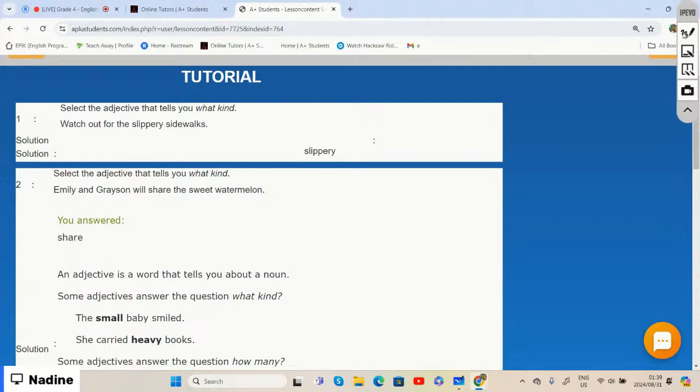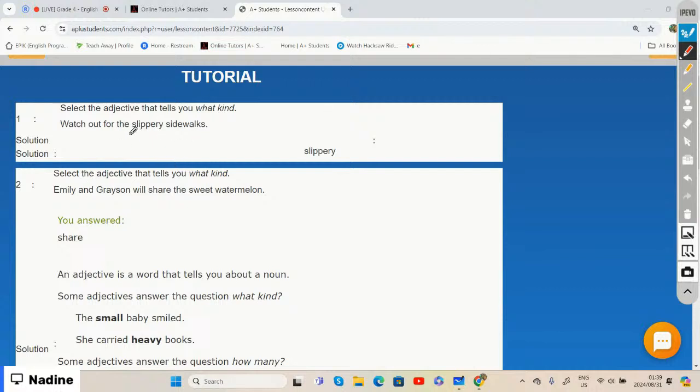And if we identify our adjective, we would say it is a slippery sidewalk. Because what kind of sidewalk? It is a slippery sidewalk. Because we could have removed slippery, and then that sentence would still make sense, right? Let's look at the next one.